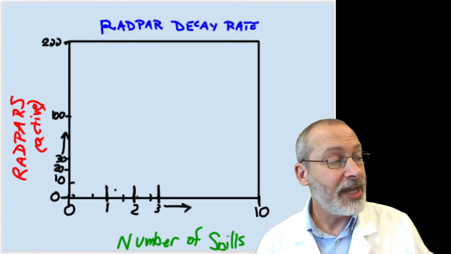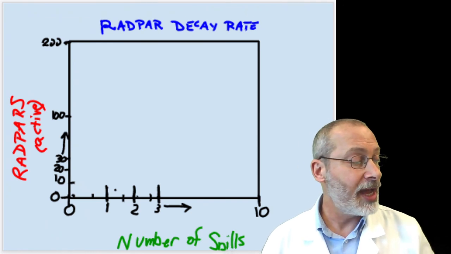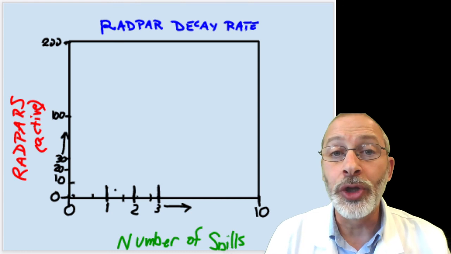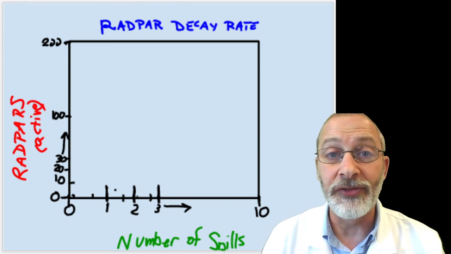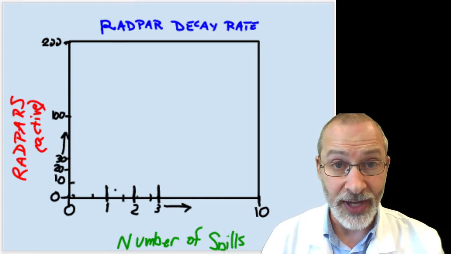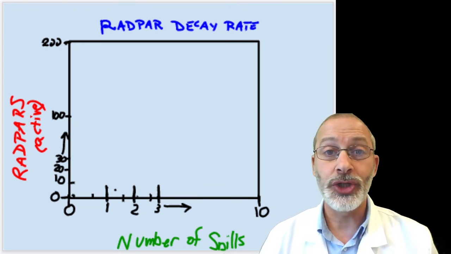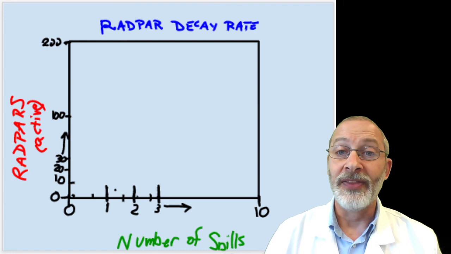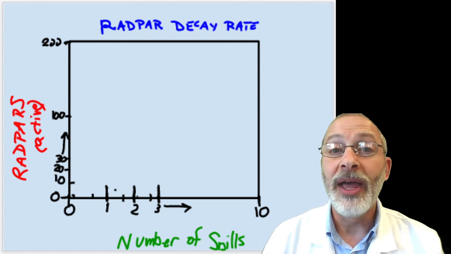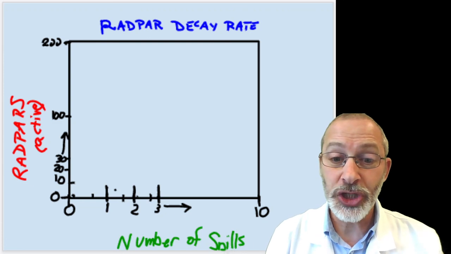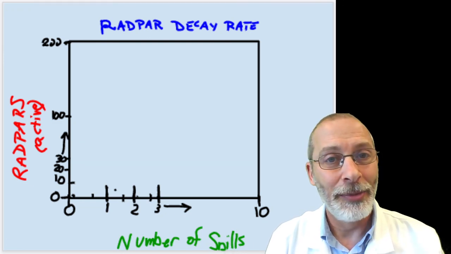So graph your data first, draw a line, answer the questions, and then write your conclusion on page 174. Once everyone has had opportunity to do that, we will discuss your questions and your conclusion, and that will be it for our lab activity for today. So until discussion time, I'll say bye-bye.